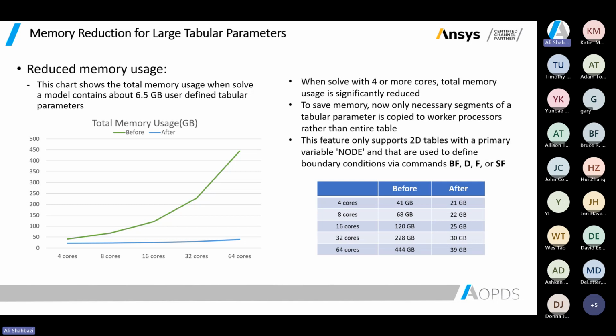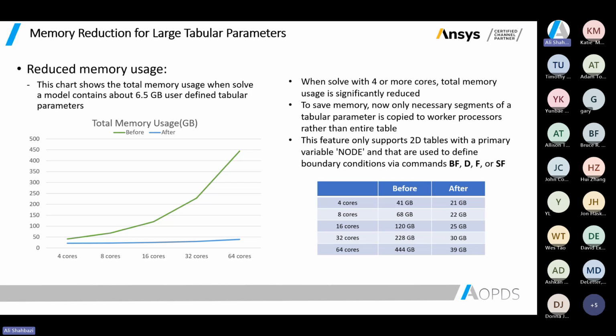Another improvement on the memory or hardware requirement is memory reduction for large tabular parameters. So you can see again here, we have a before and after, the total memory usage in previous versions and current version, and how much improvement we had.